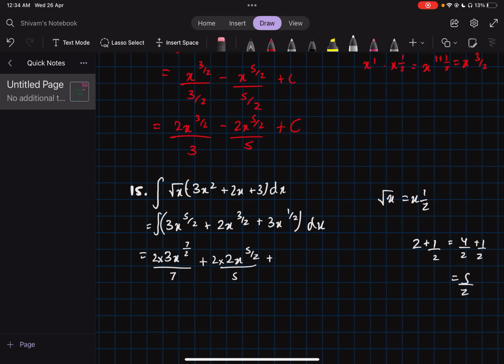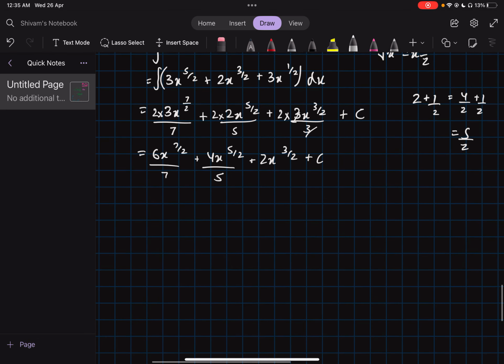And again, 3x to the 3 by 2, 3 times 2, and a plus c. So I'm going to multiply this out now. 6x to the 7 over 2 over 7 plus 4x to the 5 over 2 over 5. Then this 3 and that 3 cancel. 2x to the 3 over 2 plus c. That is the answer.